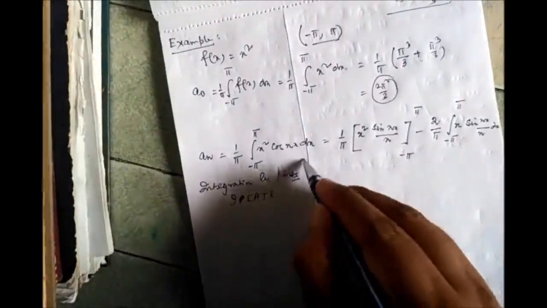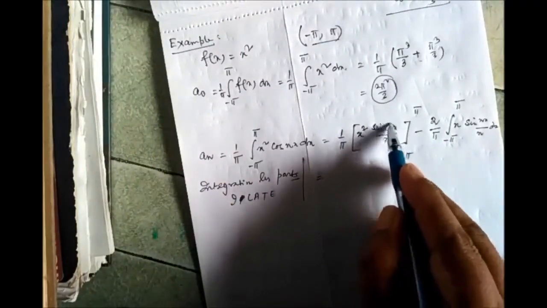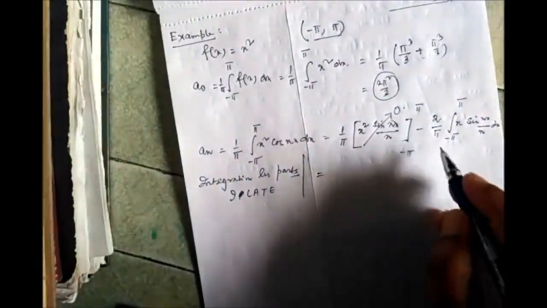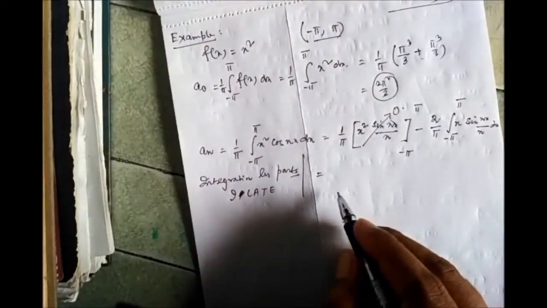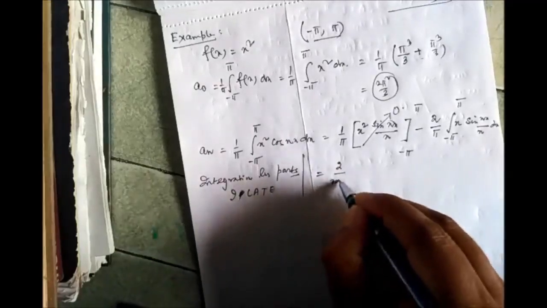So if you put pi here for any value of n, this sine term gives me 0. So if you put minus pi and plus pi for both the left hand side limit and right hand side limit, for both the points of this definite integral, the value of this function is 0, and this will be 2 by n pi.